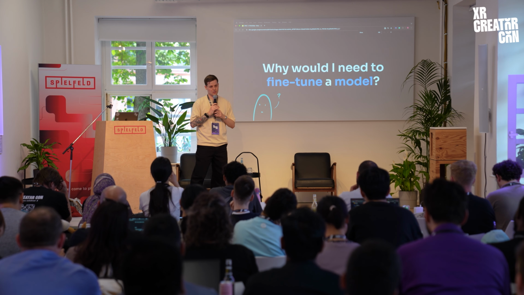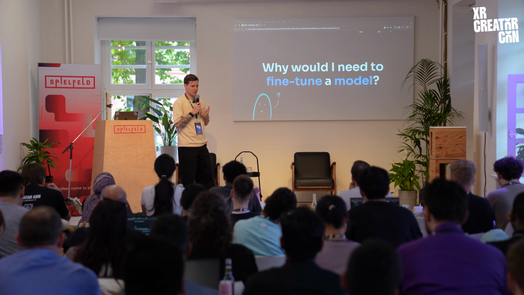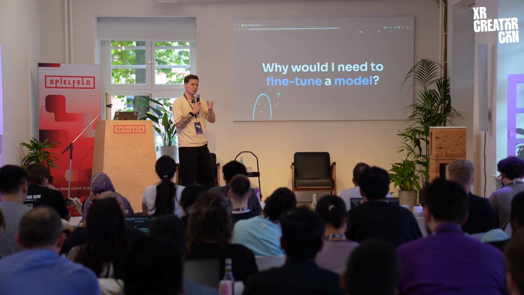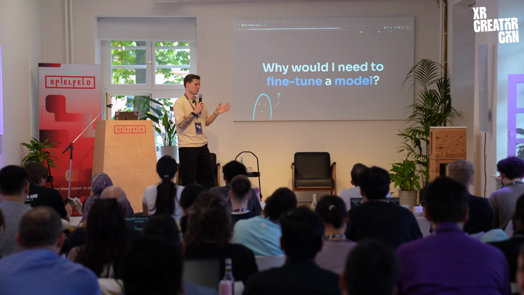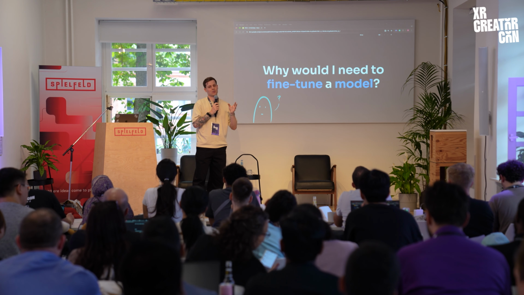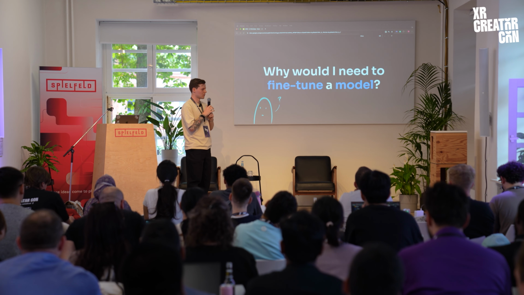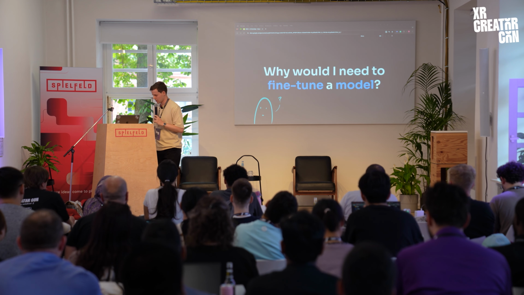So what you can do is actually fine-tune GPT-4, and fine-tuning just means you're continuing the training on a pre-trained model. So 4.1 is an already trained model, and you're just going to continue the training with a smaller subset of data. So we're going to quickly look at how this looks.